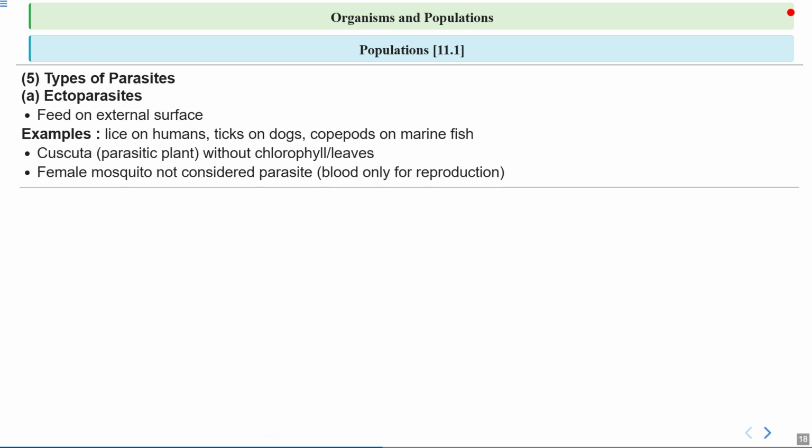Here this interaction is for a very small duration. Female mosquitoes suck the blood and get the proteins from the blood for laying the eggs, but this interaction is for a very small duration. So this is not considered a parasitic interaction. Clear?